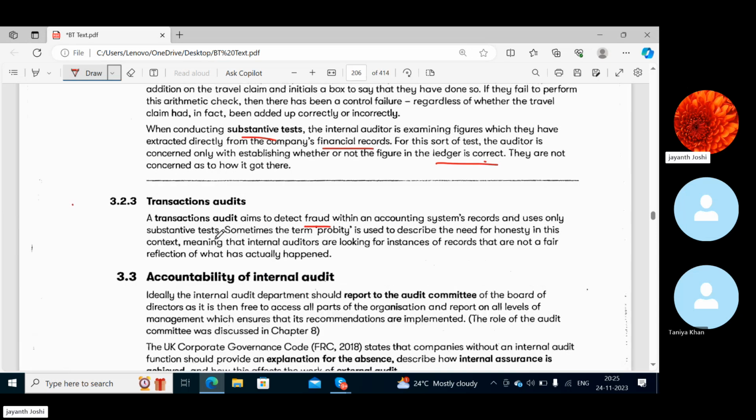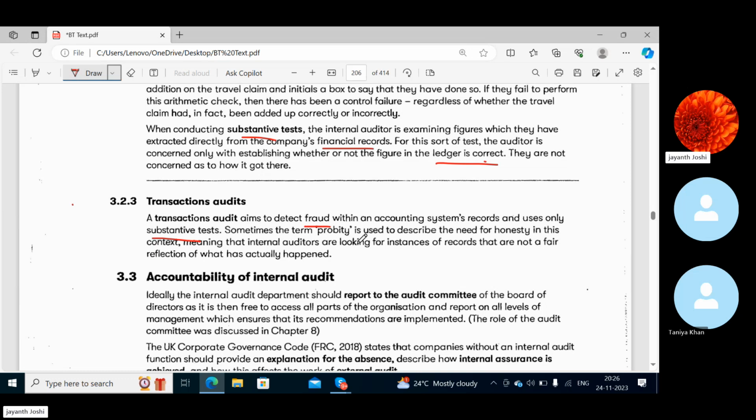So with the substantive test, they see whether the transactions which have been recorded in the books really happened or not. If the transactions have happened in reality and have been recorded, then there's no problem, everything is all right. If not, then definitely a probe has to be made, and there's a chance of fraud happening.